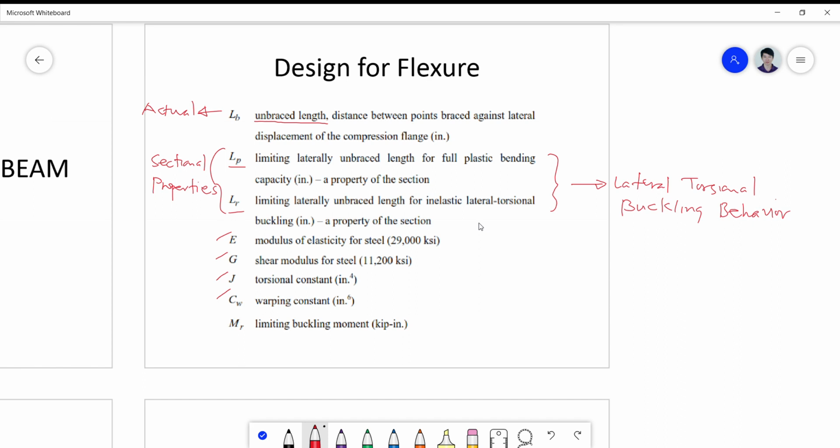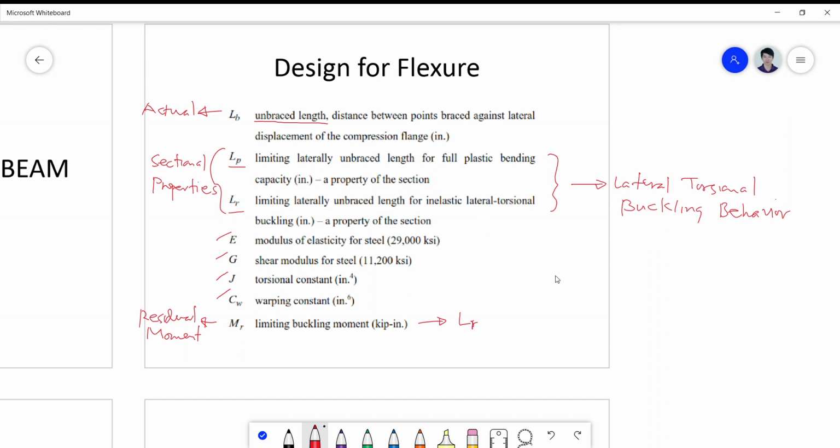They have been used in the laterally supported beam analysis, including Mr, which is the residual moment that is used to represent the resistance when your beam has achieved the limiting value for lateral torsional buckling.